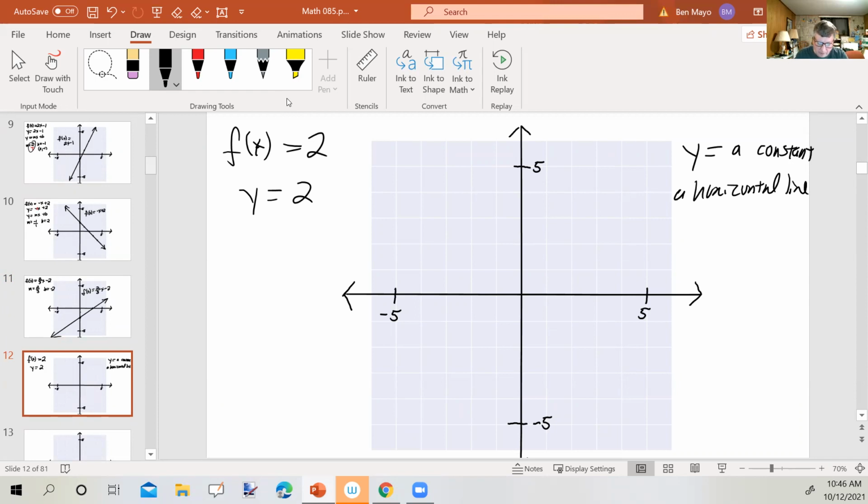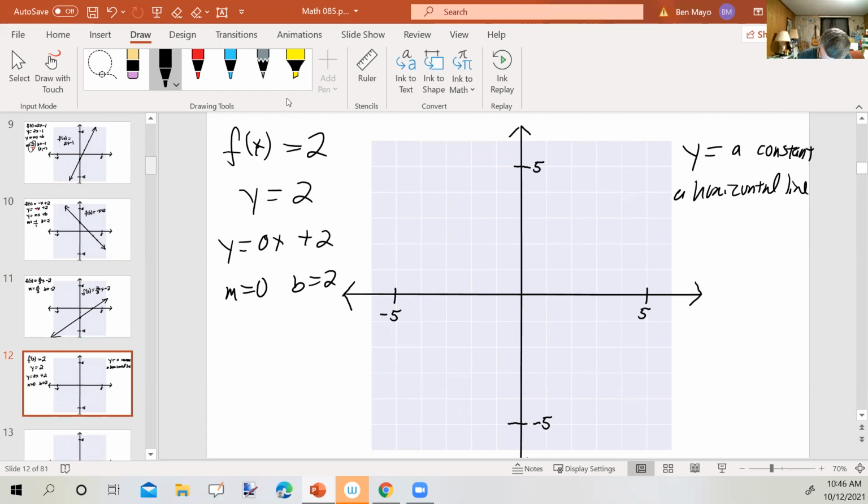Now, if we think of this as y equals 0x plus 2, the slope is 0 and the y-intercept is 2. Well, the slope of a horizontal line is 0.